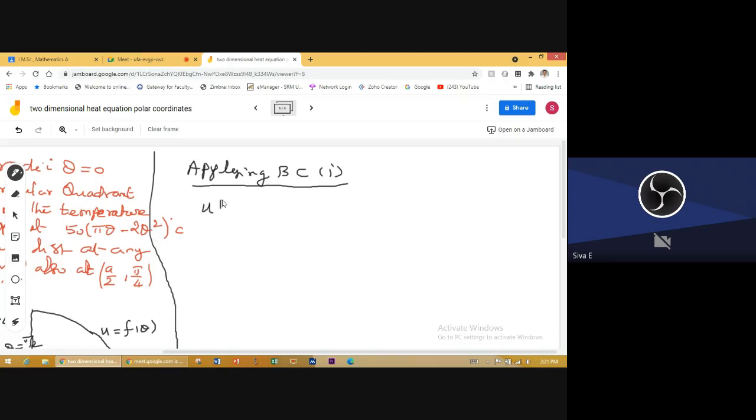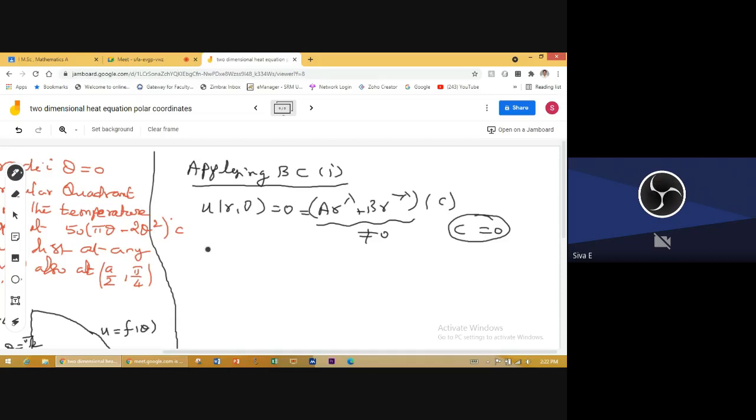Is it not? What is u of r comma 0? Theta equal to 0, so (A r power lambda plus B r power minus lambda) into C. This is not equal to 0, we know that, therefore C equal to 0.